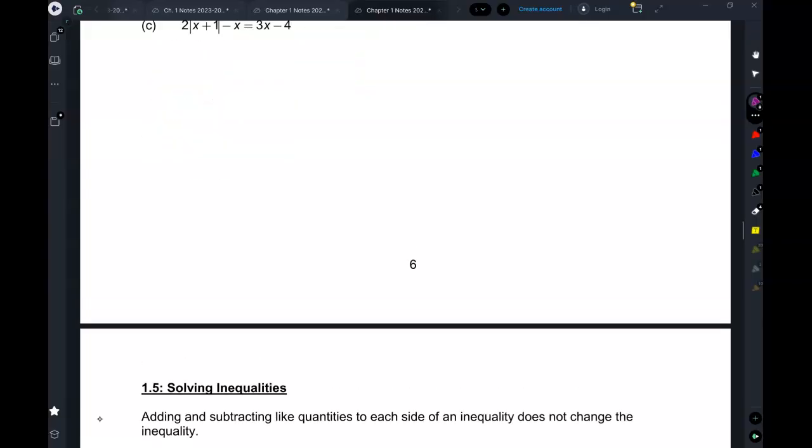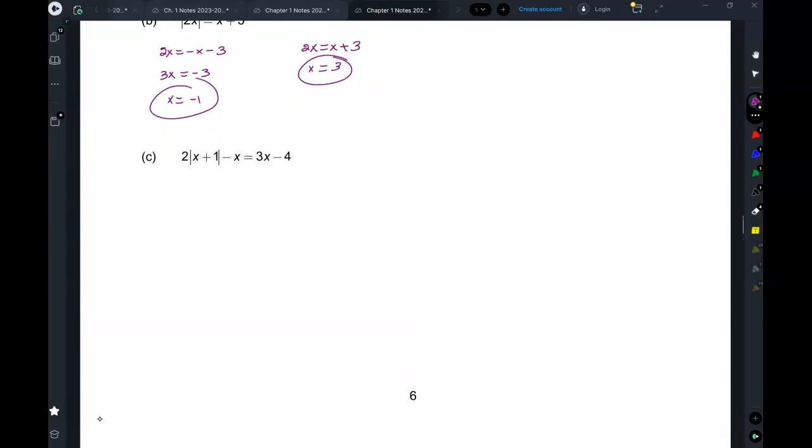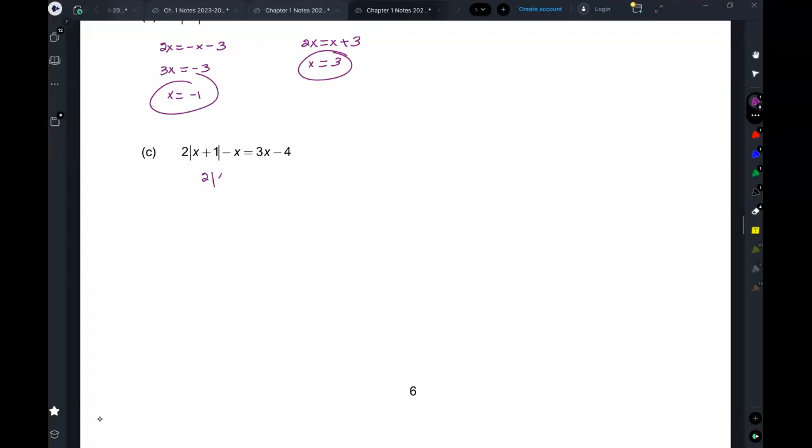Okay, next one. Before I can do anything here, first I need to isolate the absolute value. So add x to both sides. Divide everything by 2. Okay, so now I can say x, oh, sorry, this is a plus 1.